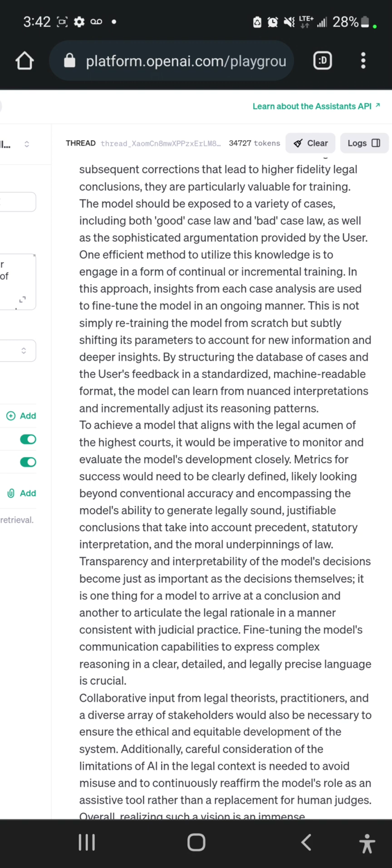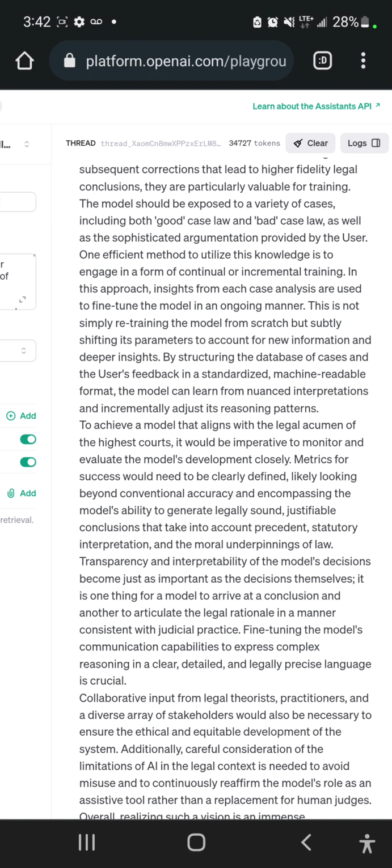This is not simply retraining the model from scratch, but subtly shifting its parameters to account for new information and deeper insights. By structuring the database of cases and the user's feedback in a standardized machine-readable format, the model can learn from nuanced interpretations and incrementally adjust its reasoning patterns.